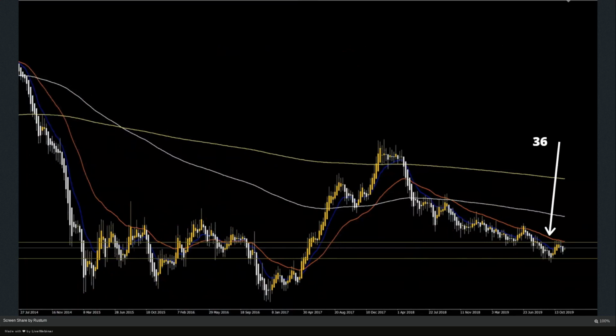Yeah, it shows us a trend. Our 36 period moving average is our trend following moving average.